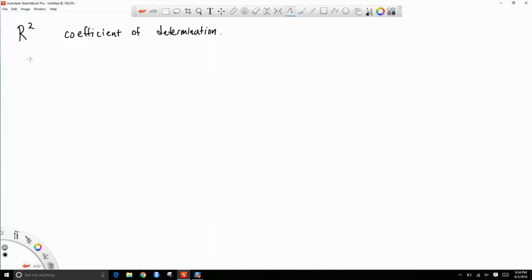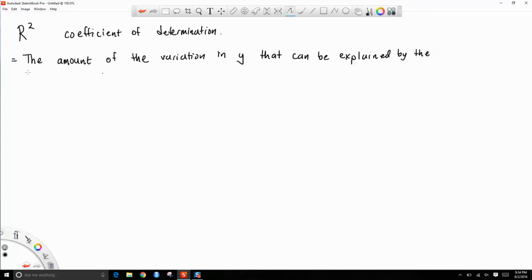The definition of this is the amount of the variation in y that can be explained by the variation in x. So the amount of the variation in y that can be explained by the variation in x.